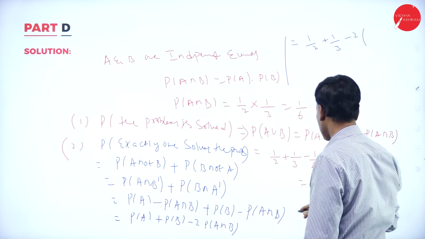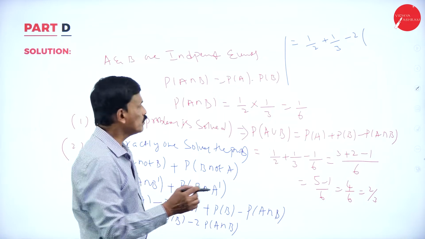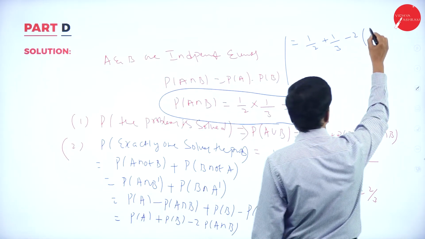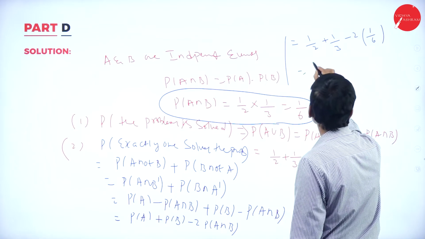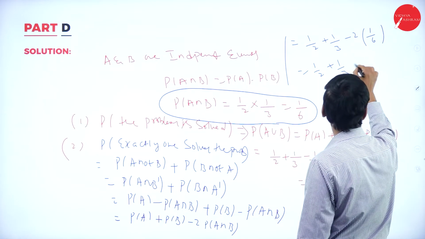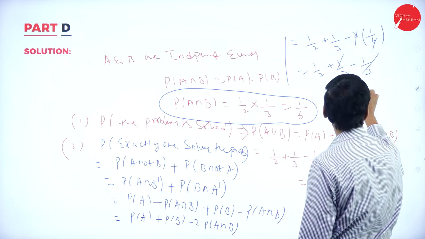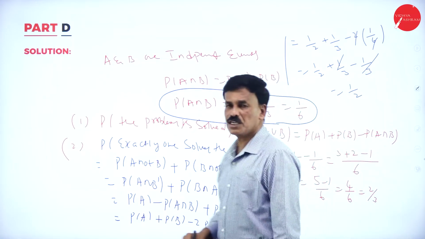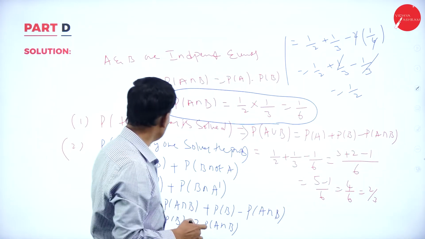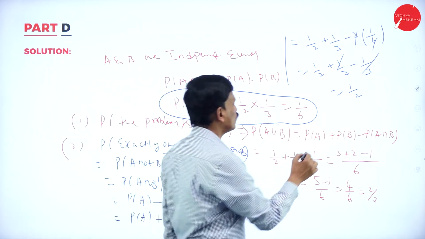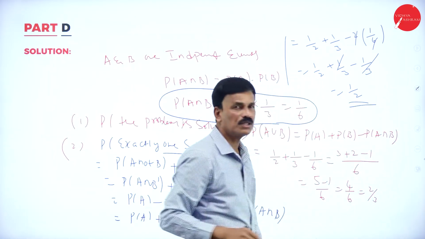What is probability of A intersection B? 1 by 6. So what is this equal to? 1 by 2 plus 1 by 3 minus 2 by 6, which is 1 by 3. These two get cancelled. 1 by 2. So therefore the probability of exactly one solving the problem is 1 by 2.